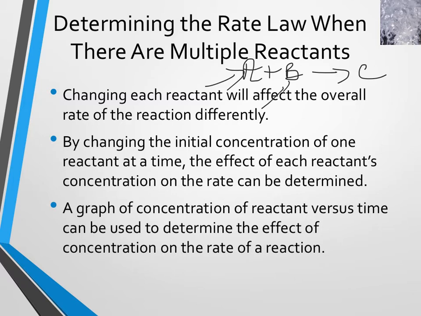So basically what chemists do is they vary the concentration of one of the reactants while holding the concentration of the other constant. And they determine how this one reactant affects the rate. And then they hold that reactant constant while they change the other reactant and again determine how it affects the rate. You actually have a lab you're going to do on this method of initial rates.